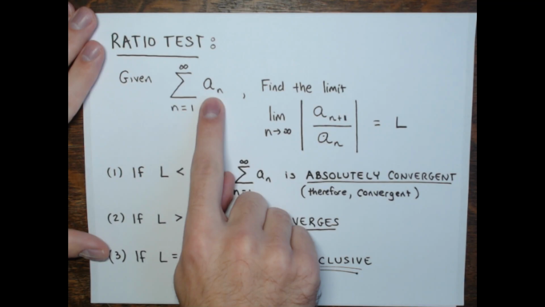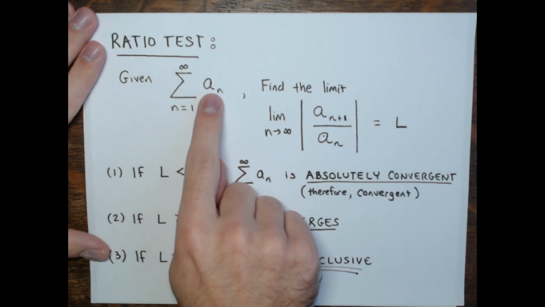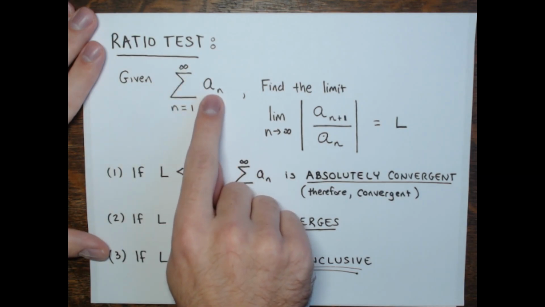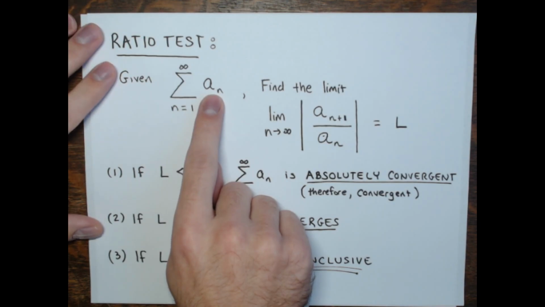That's usually a good type of series to apply the ratio test to. I mean, you can always try it, but I'd recommend it when you have a series where the terms involve factorials. Just a suggestion.